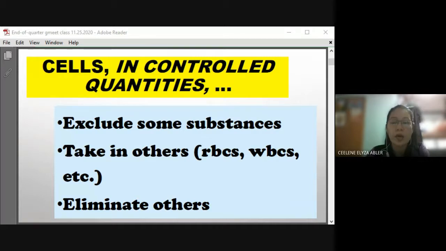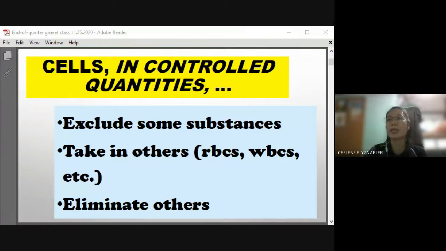Okay, so another thing is that the cells can take in other cells. So halimbawa, pag may namatay na mga other cells, it can take it in. Remember yung sa lesson natin last time, kung may mga apoptotic na mga cells, it is recycled again by other cells using their lysozymes. And the cells can also eliminate other substances.